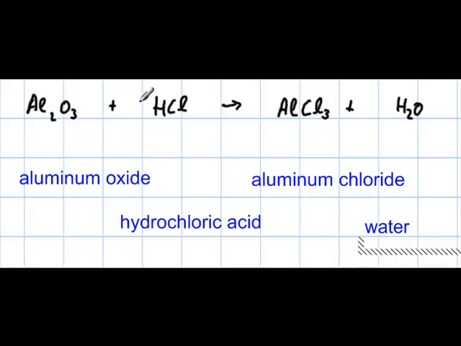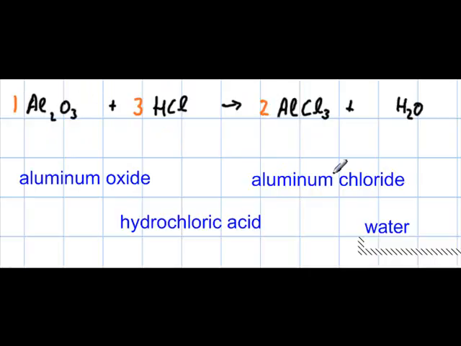That means I also need 3 chlorines over there, and so I have a 1 here. 1 aluminum actually doesn't match the 2 aluminums over there, so I actually do need 2 aluminums right away.